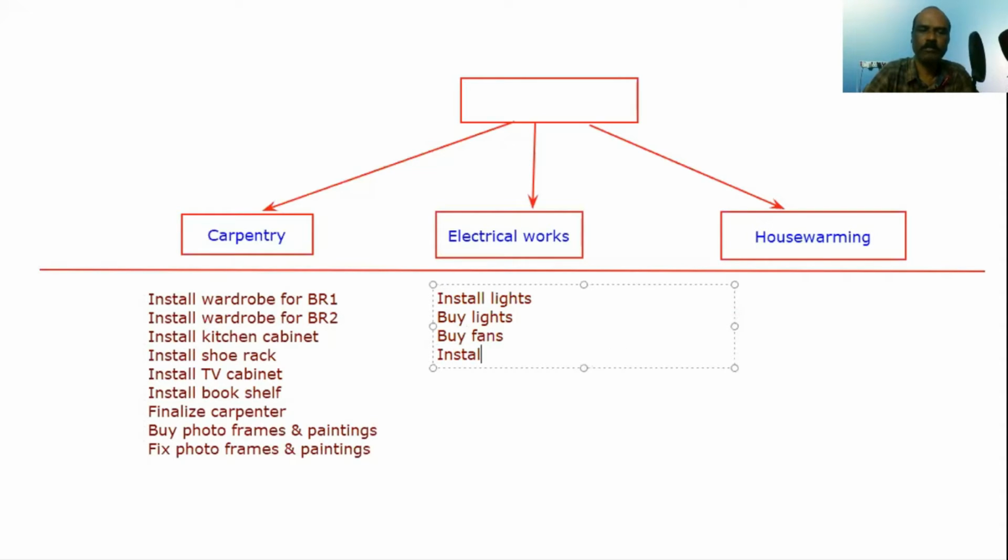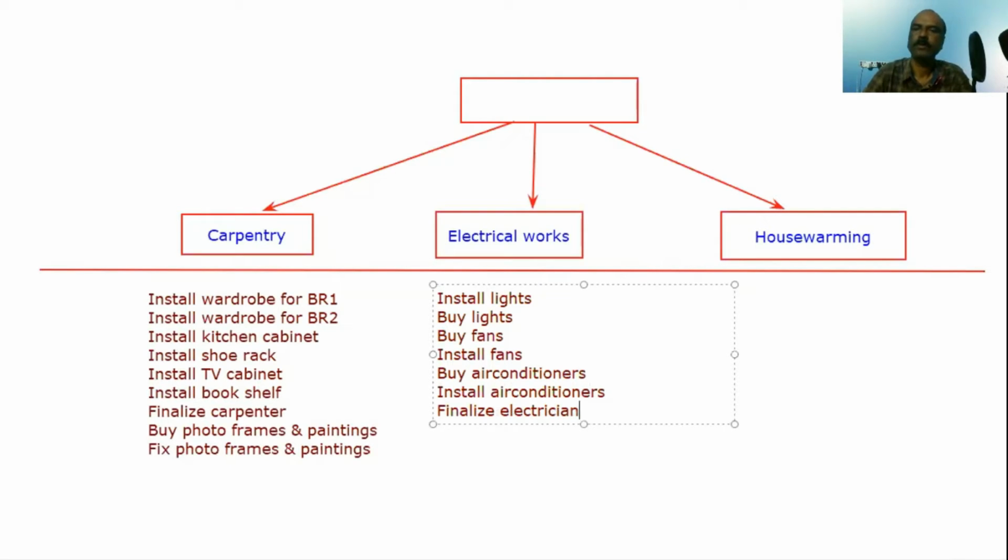And then I need to install fans. I need to buy air conditioners. I need to install air conditioners. I need to finalize the electrician. Unless I finalize the electrician, I cannot do the work.